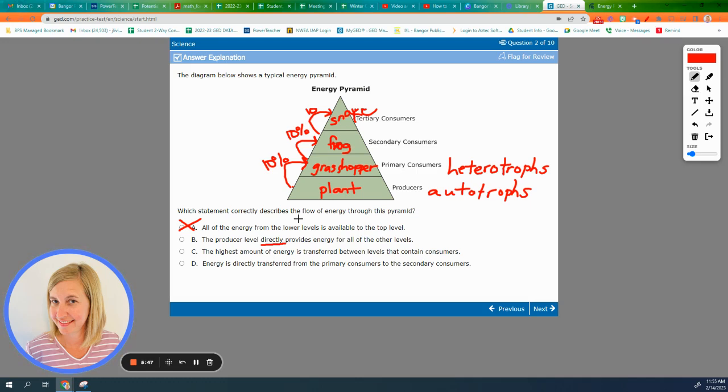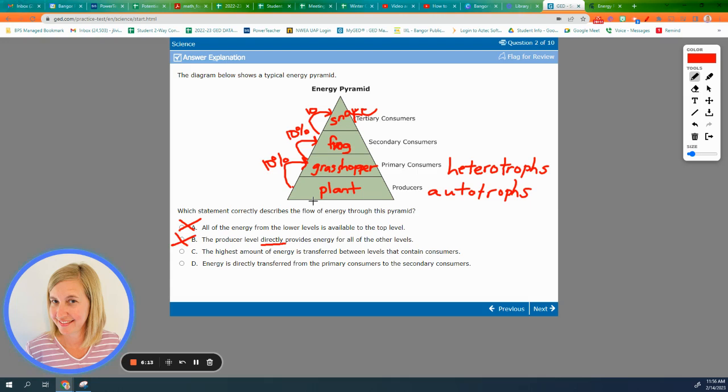Primary consumers directly provide energy to secondary consumers, and secondary consumers directly provide energy to tertiary consumers. So the producer level does not directly provide energy for all the other levels. It indirectly provides energy through the flow of energy, but not directly. So answer choice B is not correct either.